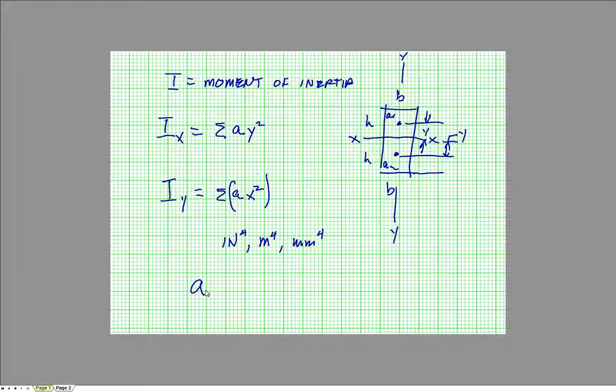Because area equals base times height, right? So that is inches times inches. And then you're squaring the distance, so times the distance times the distance. And those all have to be the same units, inches to the fourth.